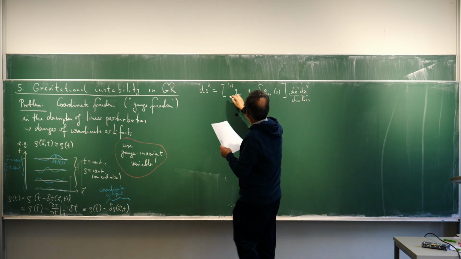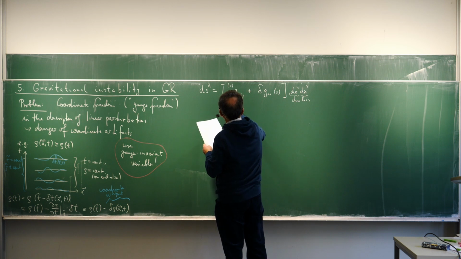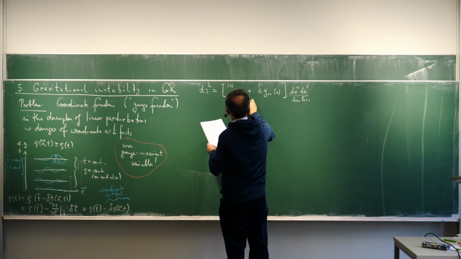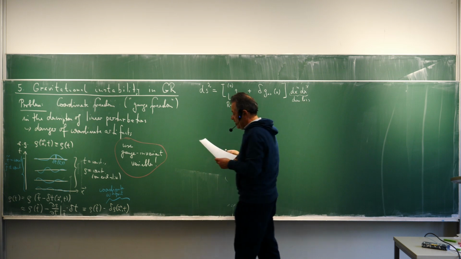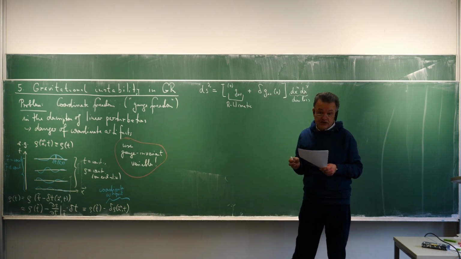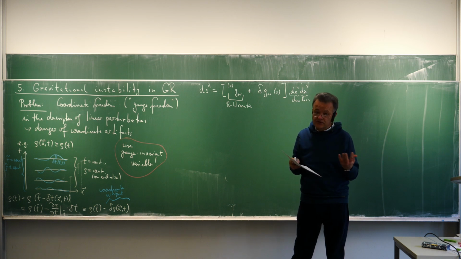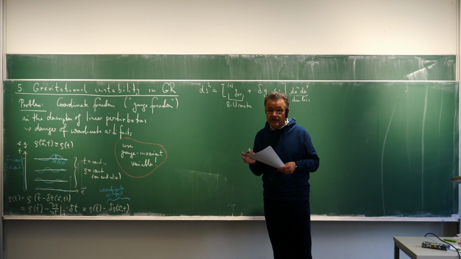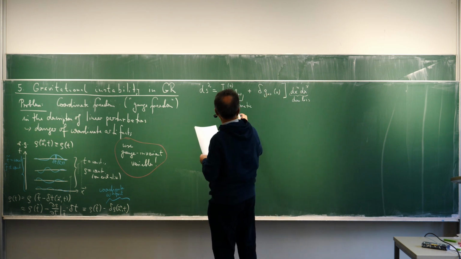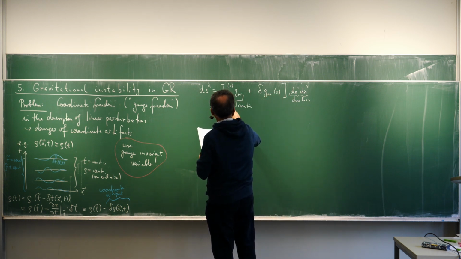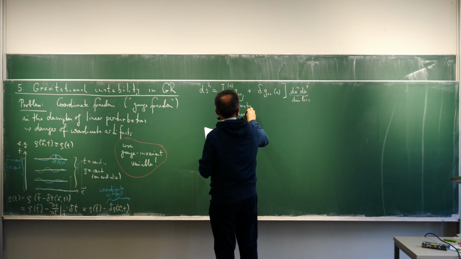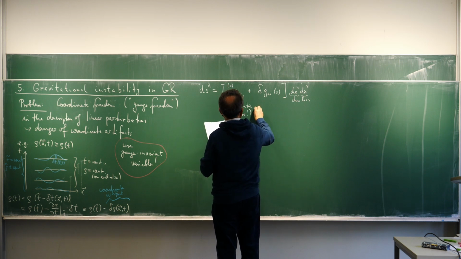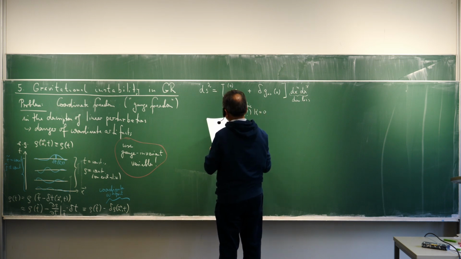So that's the Robertson-Walker metric. And for simplicity, we treat only the case of a flat spatial universe. That's what most people do, because observations seem to favor it, although it's not clear that it's exactly flat. So that's our ansatz, k equals 0.